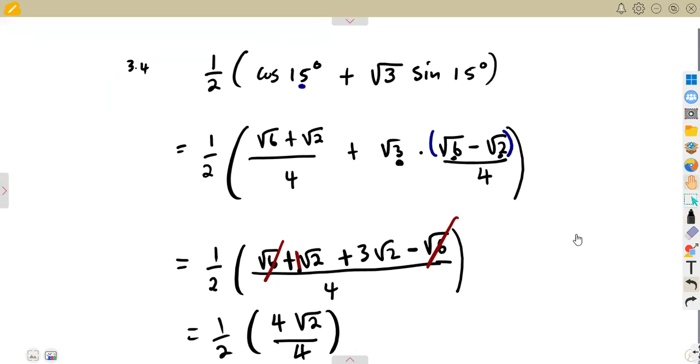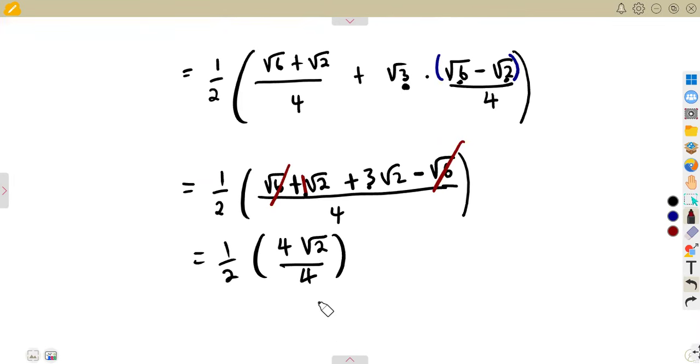So that was going to give us something like this. This can cancel. So you're left with 1 over 2 times the square root of 2. So that will be square root of 2 over 2 at the end. So that is what you're supposed to have simplified from what you're given.